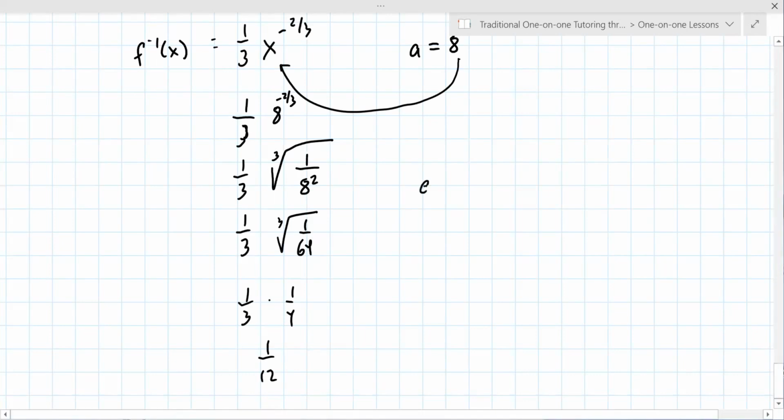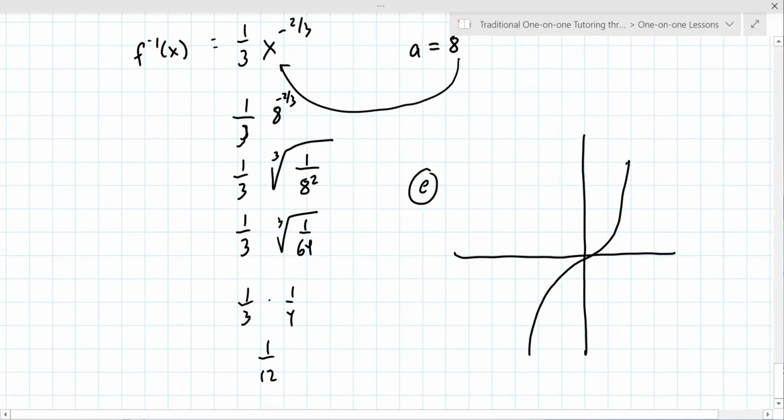Then E says to sketch them on the same axis. You actually just want to go back to the original graph here. Okay, and then you draw this line y equals x. So that's x cubed. And then the other one is just a mirror, a reflection over that.